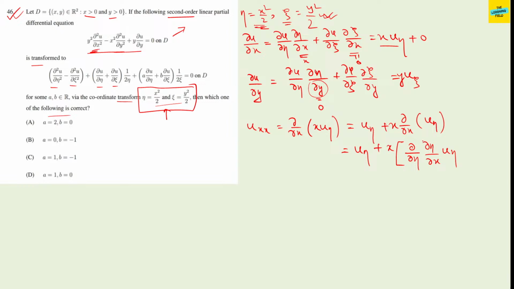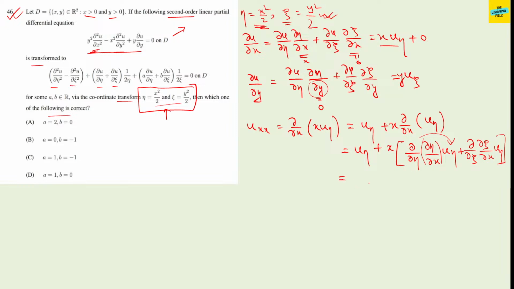This is only multiplication: ∂η/∂x and ∂ξ/∂x operate on this function, ∂/∂η of u_η plus ∂ξ/∂x into u_ξη. Fine.